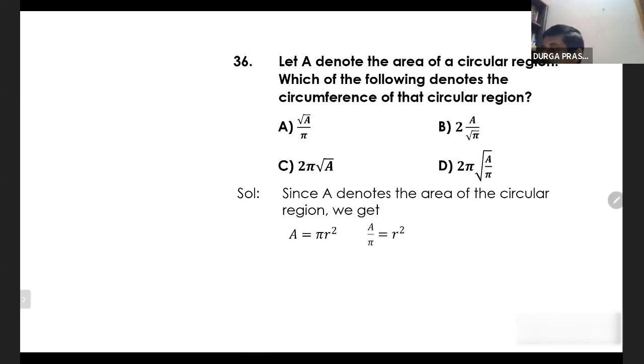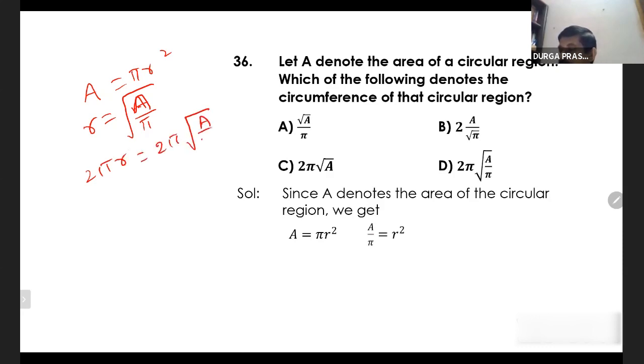So A equal to pi R square, so R equal to root of A by pi. So circumference is 2 pi R, that is 2 pi root of A by pi. So option D we have.